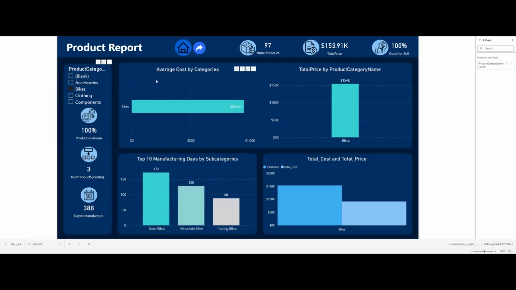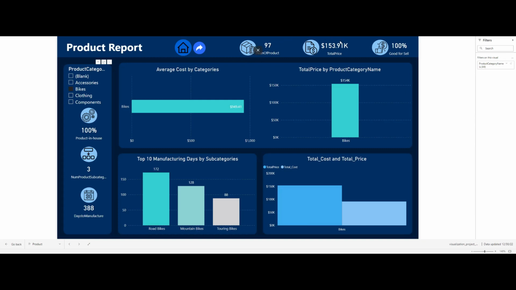We can easily see the top manufacturers by their subcategory, like road bikes, mountain bikes, touring bikes, and also the total cost and total price.